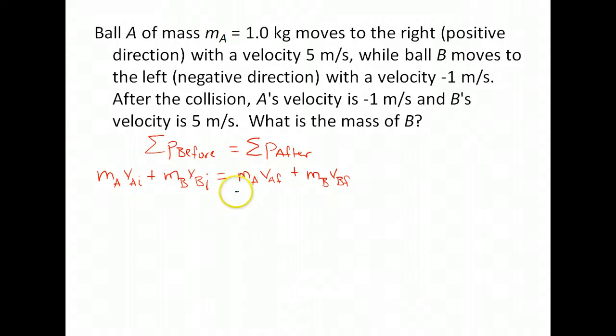Let's subtract here to get A on one side, so it'll cancel out and move over here. And we'll do the same thing with the mass of B, and move it over onto this side.